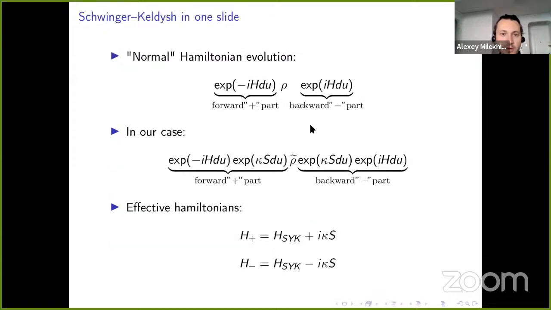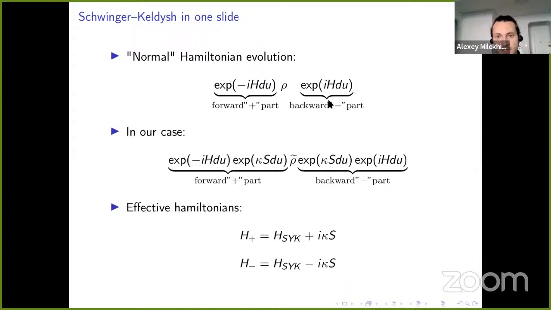So let me now explain how you study such evolution. You need Schwinger-Keldysh techniques for that. If you have a normal evolution of the density matrix, you have a forward part and backward part, because you multiply rho with an evolution operator from left to right.